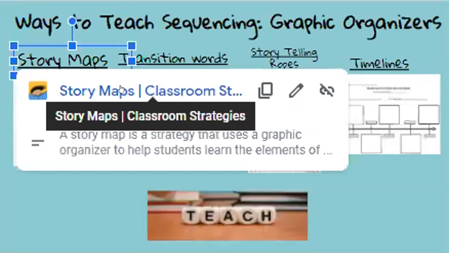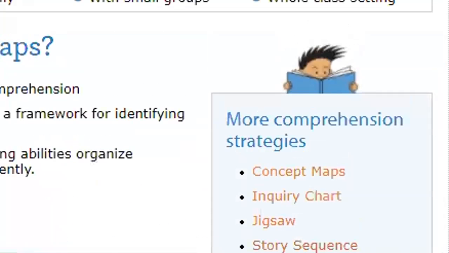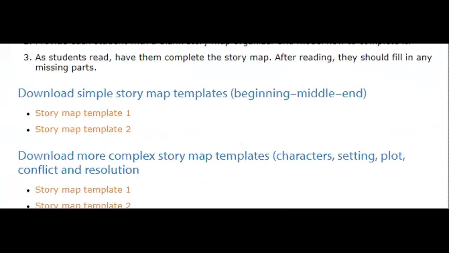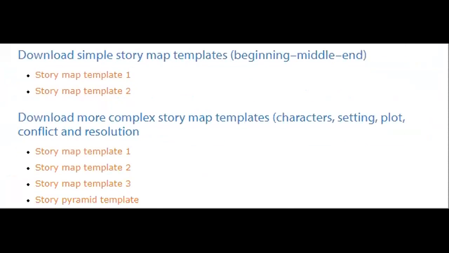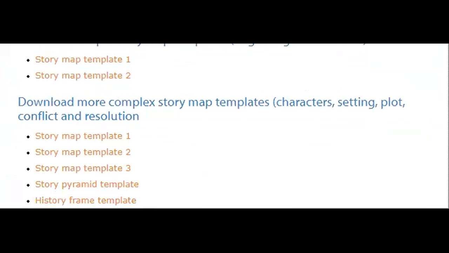So I'll show that to you really quickly. This is a link to a Reading Rockets website that includes many graphic organizers and story maps that can help you when you are sequencing with your students.